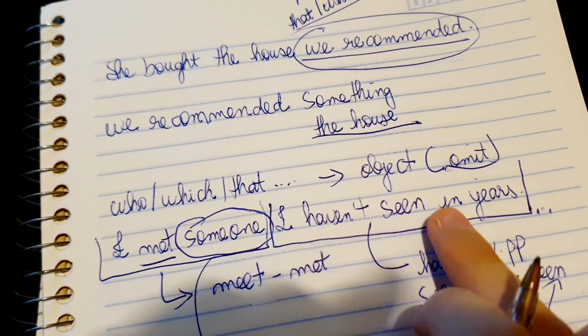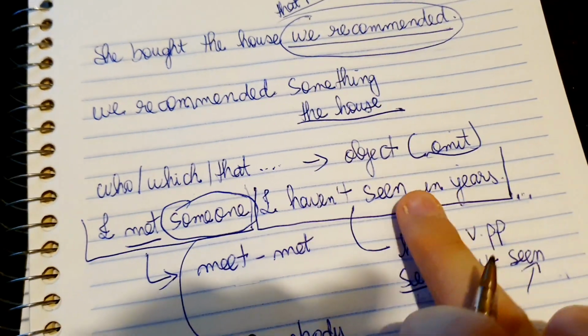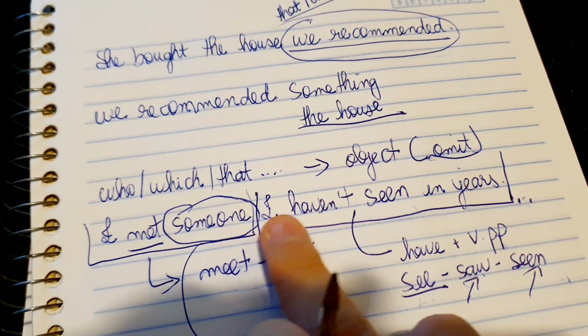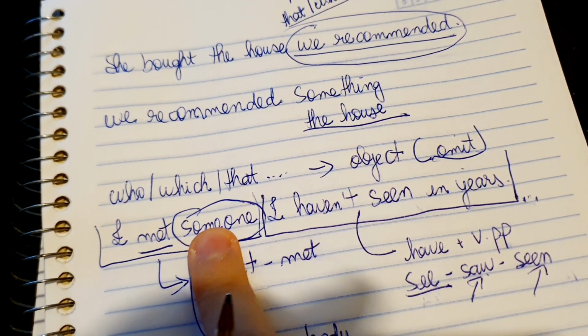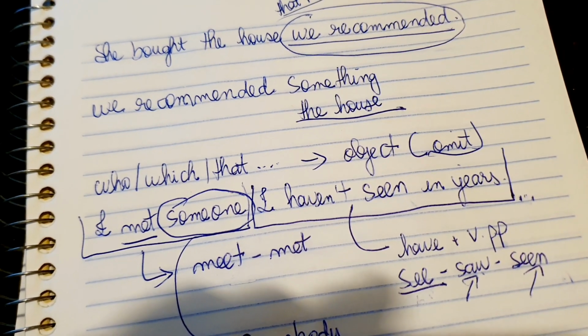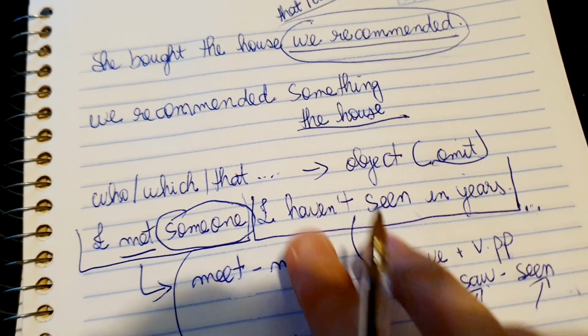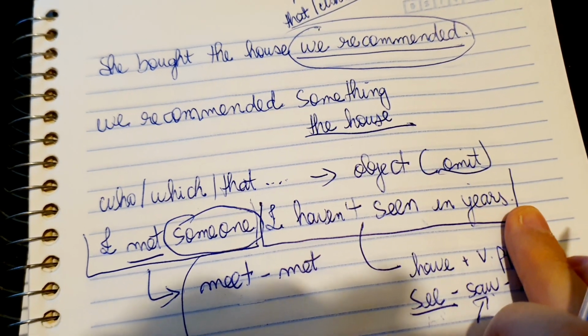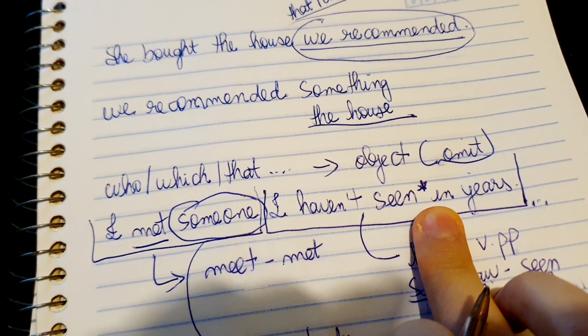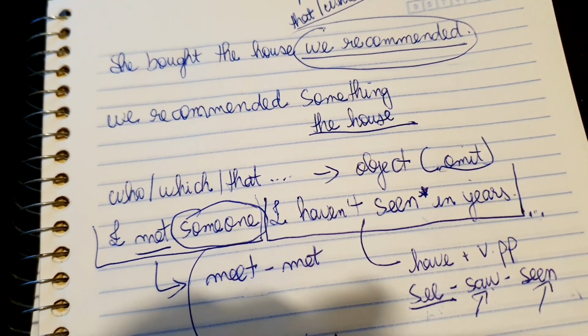So I haven't seen somebody in ages, in years. So when you say I haven't seen someone in years, it means that it works as an object, not a subject. Someone is the object of the sentence.